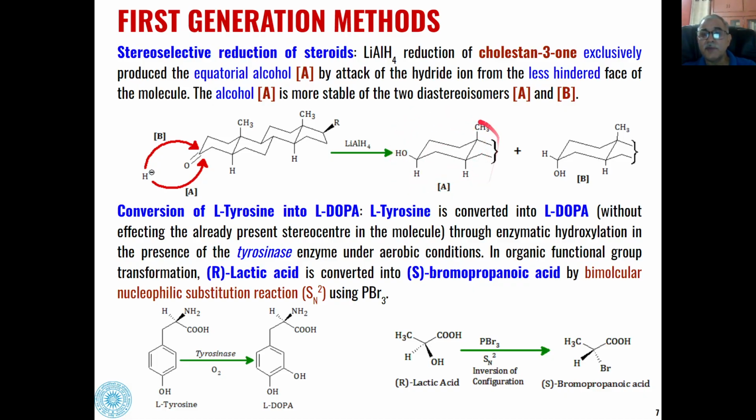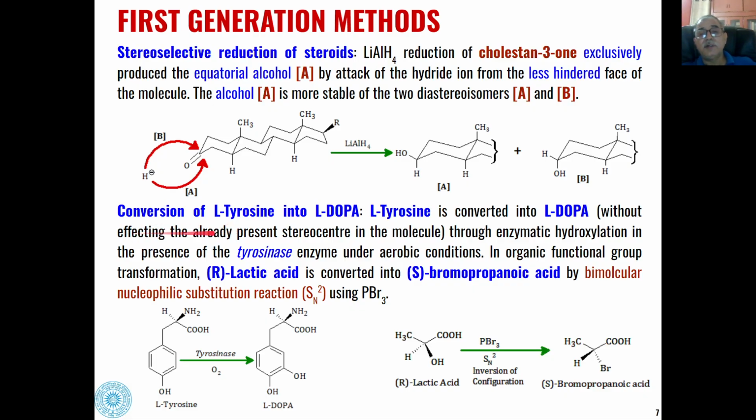So this is the major product, because here the hydride ion will attack from the less hindered face of the molecule. So out of these two diastereomers, one is formed in more amount. That is why this is an example of stereoselective reduction of steroids.